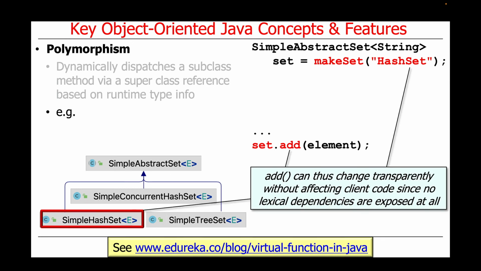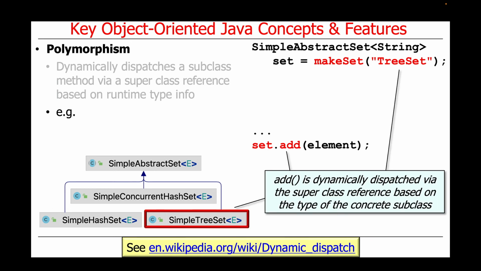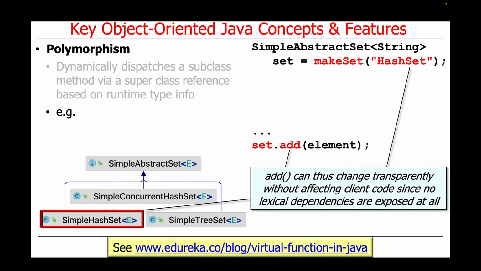Why this is beneficial is because this allows changing the actual implementation. We can swap from treeSet, as shown here, to hashSet, as shown here, without affecting the client code at all, since there are no lexical dependencies that are exposed in the actual client part of the code that's calling the methods that are these virtually dispatched methods using polymorphism.